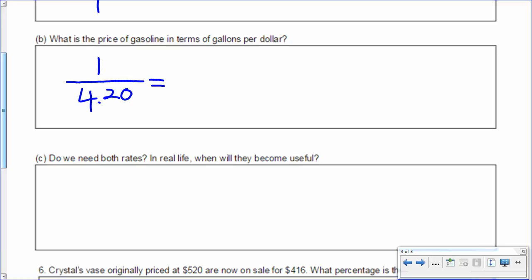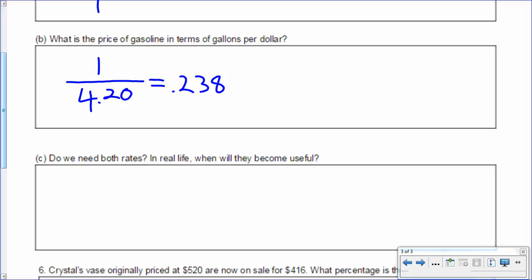So if we divide 1 by $4.20, so 1 divided by 4.2, that is going to give us 0.238 and some other numbers that we will just leave off. So we're going to round to 0.238.